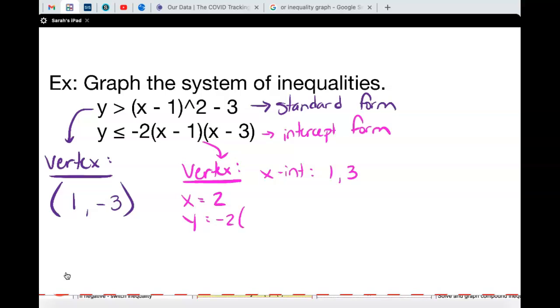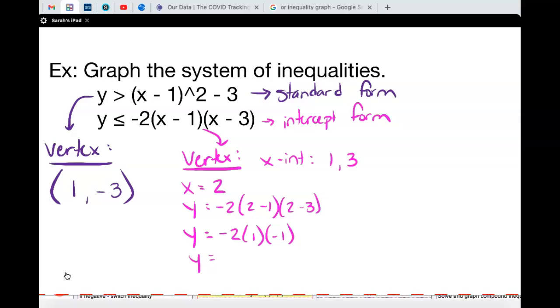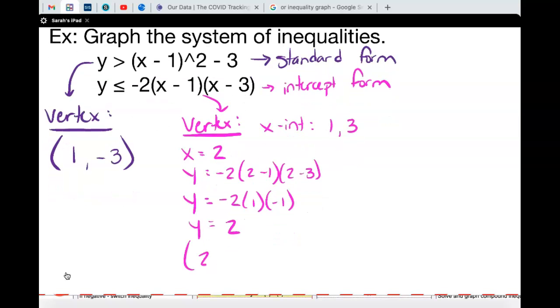So -2 times (2 minus 1) times (2 minus 3). 2 minus 1 is 1, 2 minus 3 is -1, 1 times -1 is -1, times -2 is positive 2. Okay, so the vertex is 2, 2. Great.